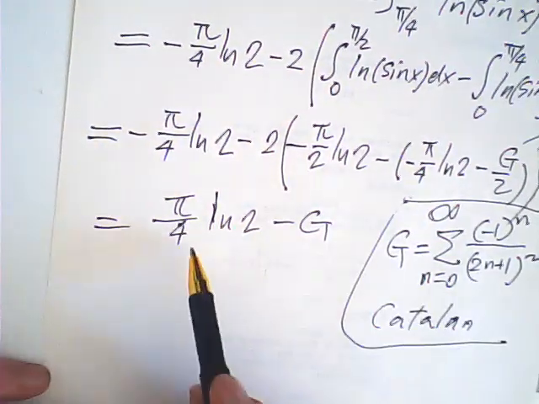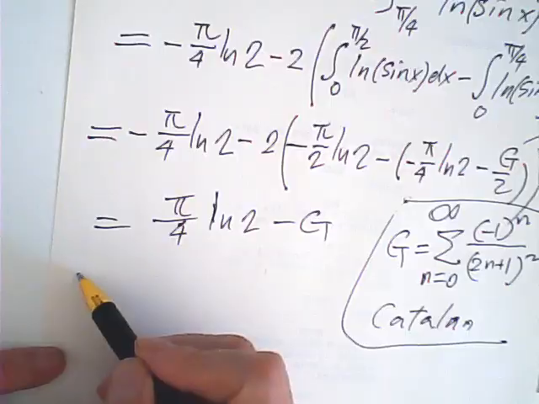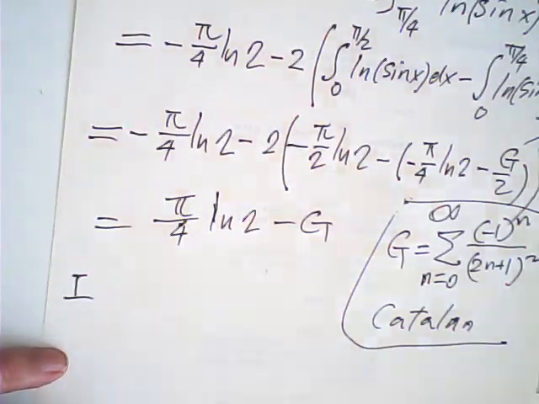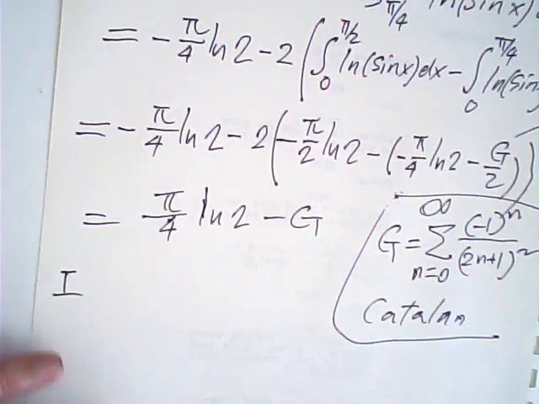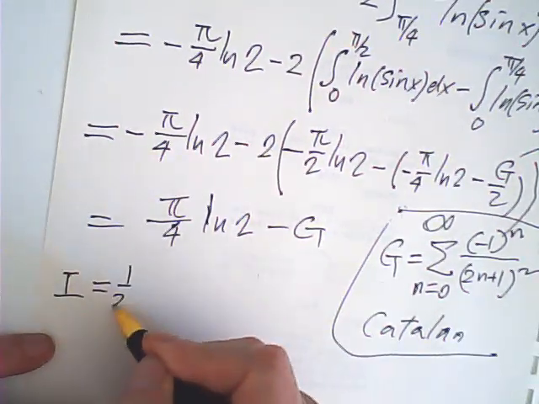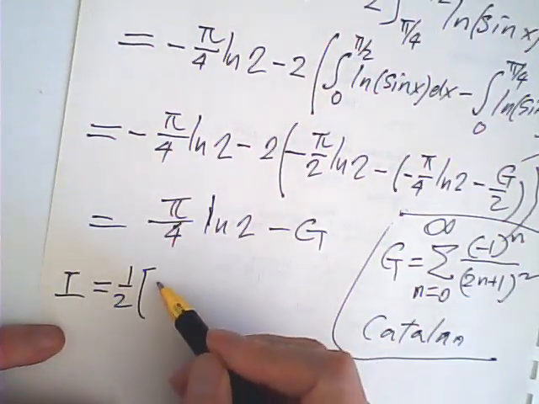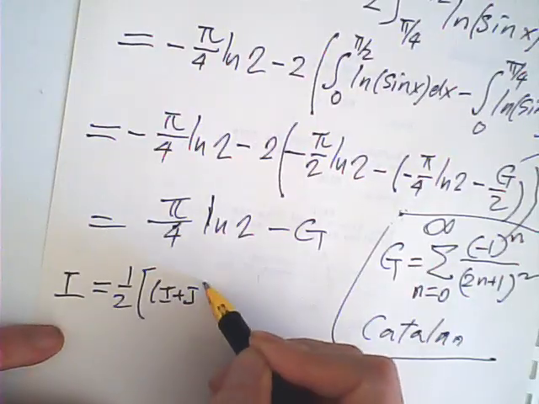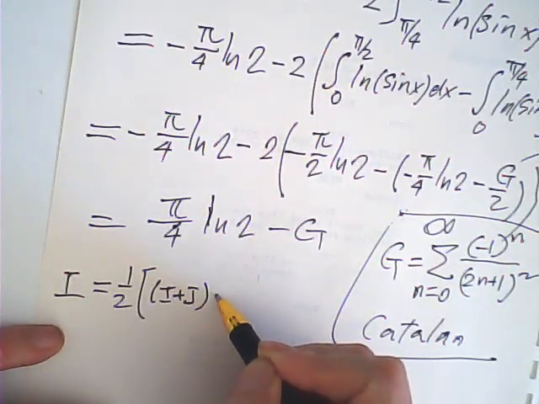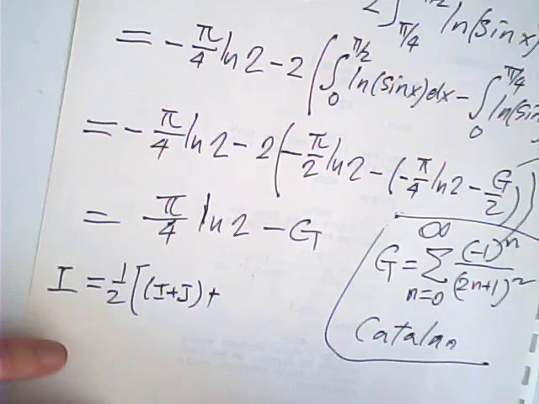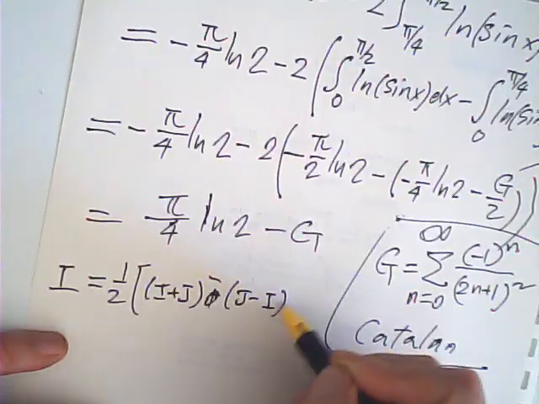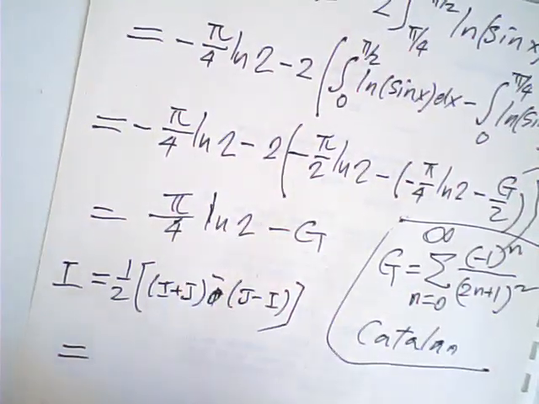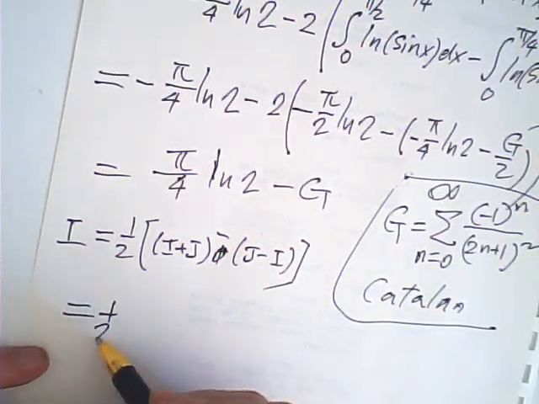And then we are looking for I, right? We are looking for I. I is equal to 1/2 of I plus J, plus, rather, J minus I, right? So this is 1/2.